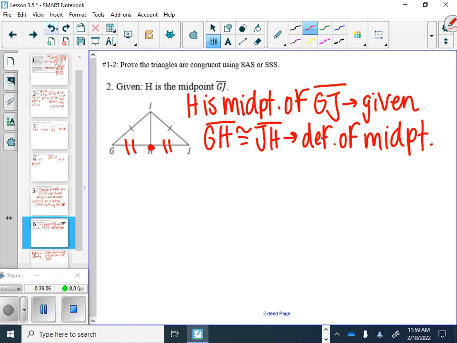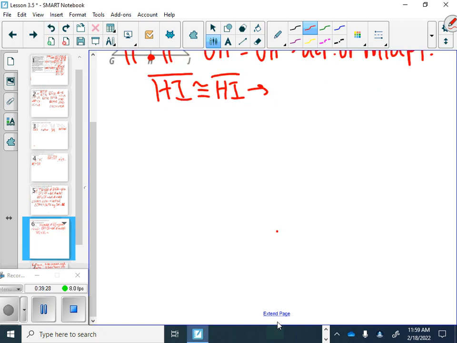So this must be side, side, side. Alright, so I've got two sides. What's my third side? The middle. HI is congruent to what? IH or HI, either or. And your reason is that definition I just gave you. Reflexive property.